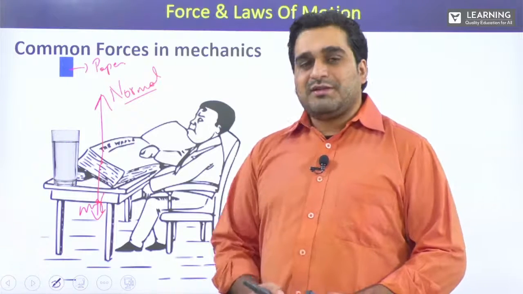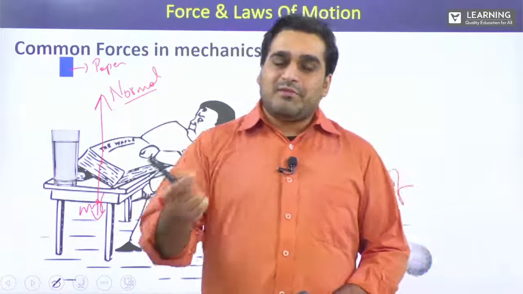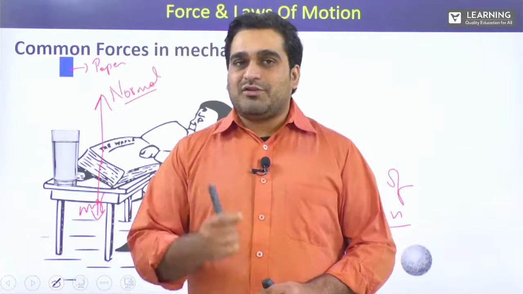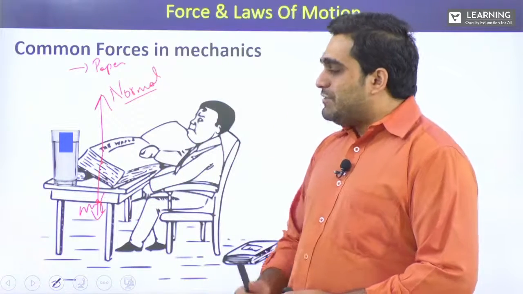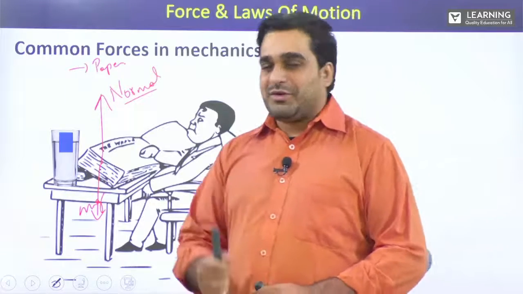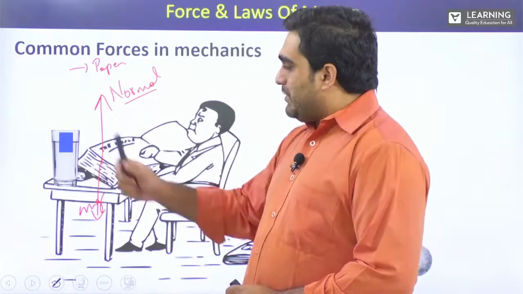Well, go ahead, try this activity by yourself. Take a small piece of paper and put it in a glass of water. See if it floats or sinks. You observe that the given piece of paper will float. It will not sink. So we have a piece of paper that floats.